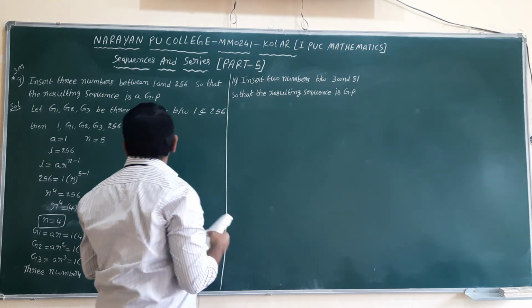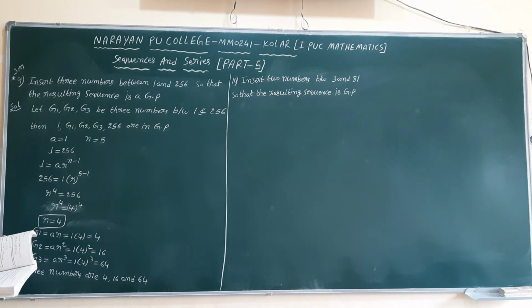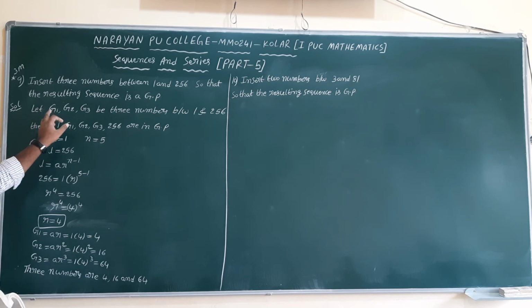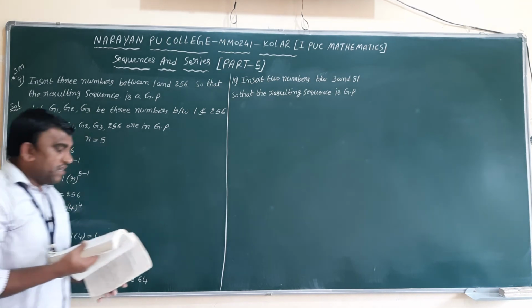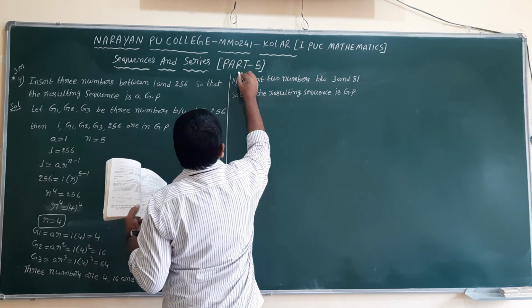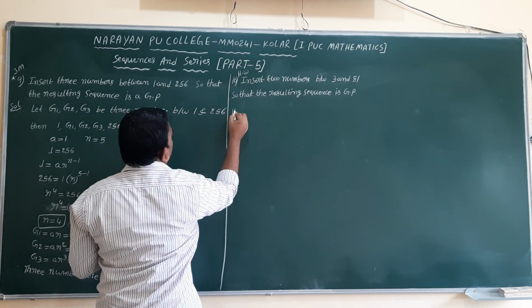Same model. Here instead of 3 terms, we need to take only 2 terms, G1 and G2. Then the total number of terms is 3, G1, G2, 81, so n value is 4. You can simplify in the same manner and get the answer. Take it as homework, same model only, you can try it. And next example.